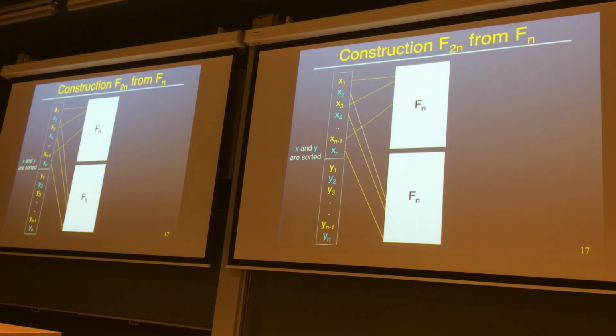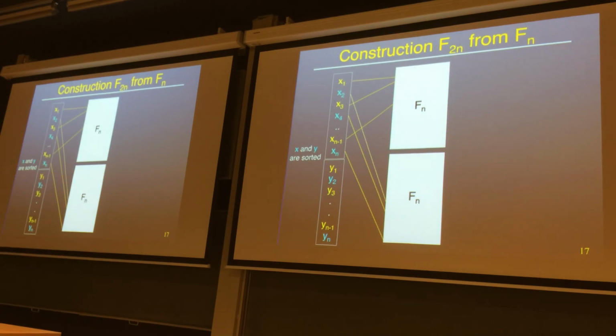Let's just look: assume that you have r zeros here. That means that half of them will go to the first network and half of them will go to the second network. But, of course, depending upon this number r, the ceiling of r divided by 2 go to the first network, and the floor of r divided by 2 go to the second network, because you start here with the first 0.